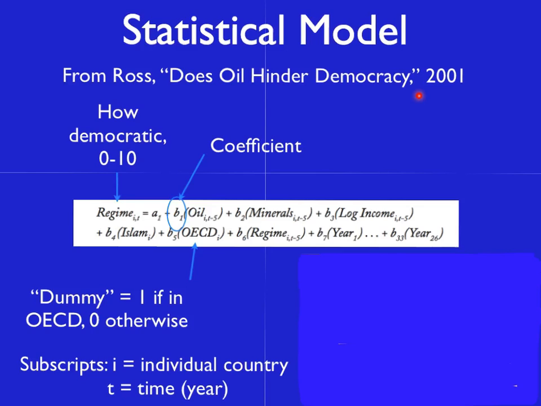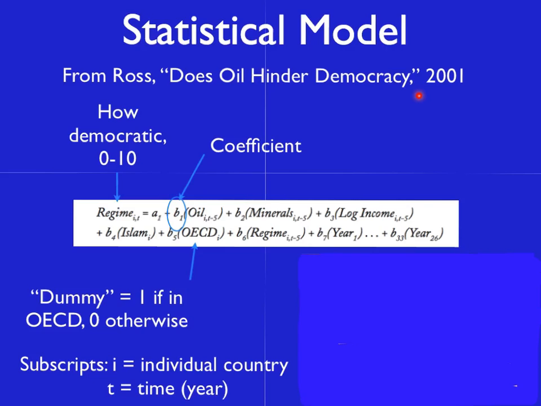So the resource curse literature is a literature that examines whether natural resource wealth, especially oil, but also minerals, valuable stones, things like that, whether these sources of income somehow undermine democracy. So that's the resource curse literature. Ross is making a contribution to it via a statistical study.